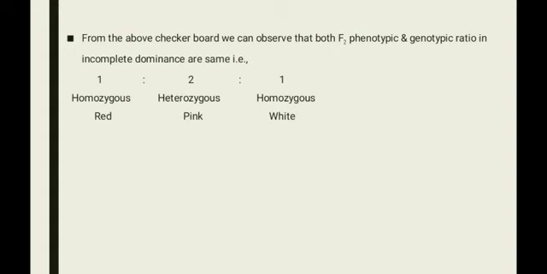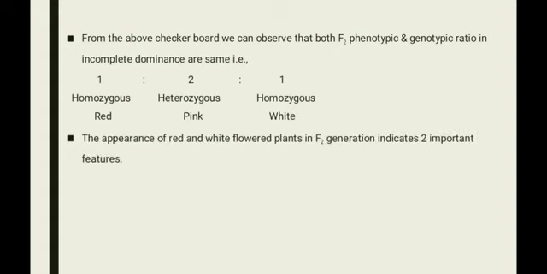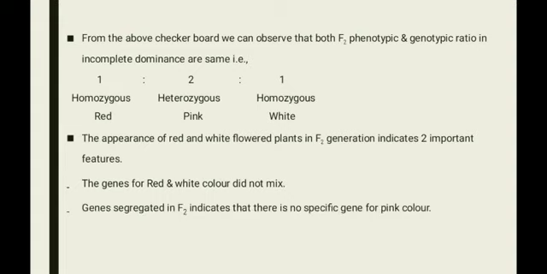The appearance of red and white flowered plants in the F2 generation indicates two important features: first, the genes for red and white color did not mix, and second, the genes segregated in the F2 generation, which indicates that there is no specific gene for pink color.